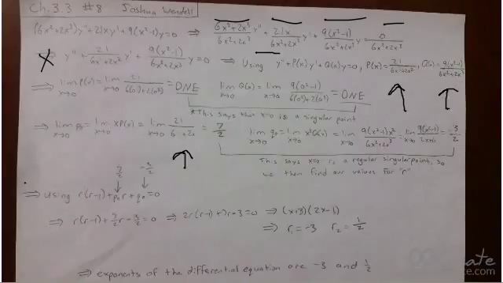And then you do the same thing for your q naught, except q naught is x squared times q(x). So when you take that limit, you're taking the limit as x approaches 0 of x squared times q(x), and that equals, after multiplying everything by x squared, 9 times the quantity x squared minus 1 times x squared divided by (6x squared plus 2x cubed), and then that equals the limit as x approaches 0 of 9 times the quantity x squared minus 1 divided by (2x plus 6).